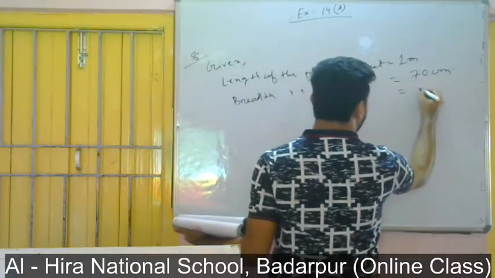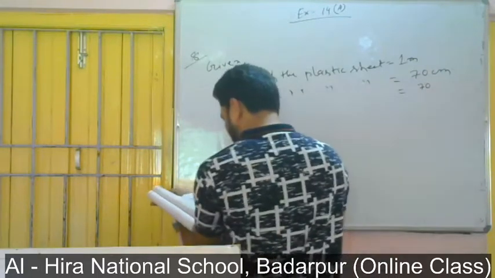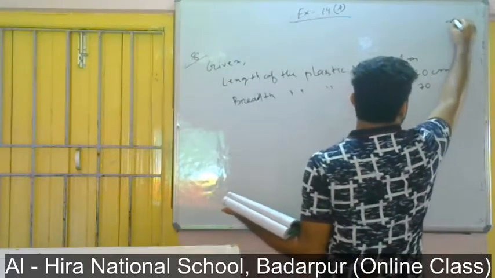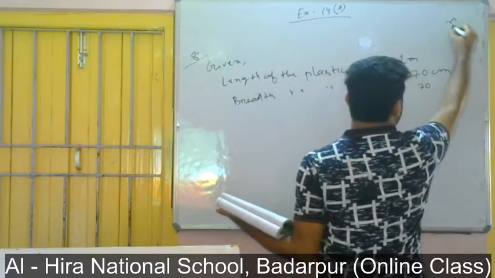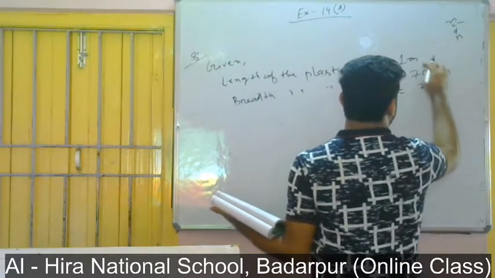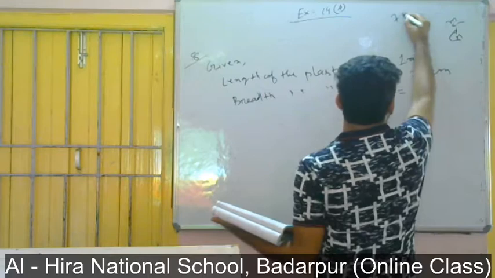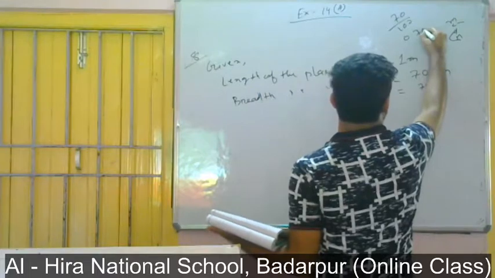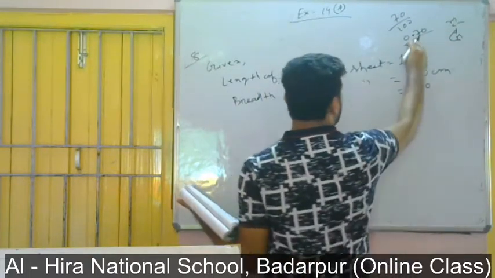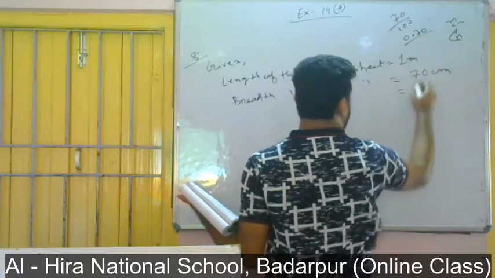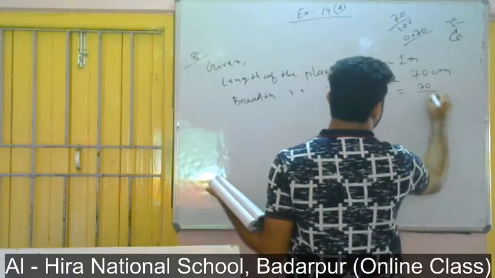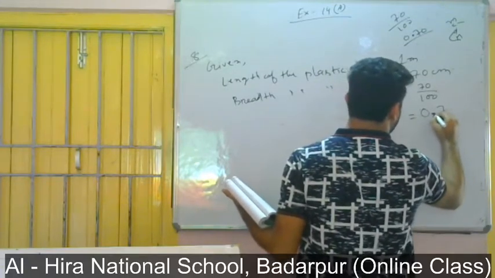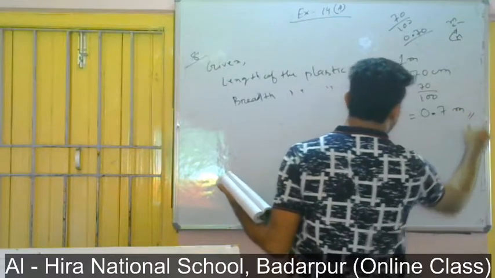To convert, we divide by 100, because you see milli, centi, deci, meter. It is in centimeter, so to convert into meter we divide by 100. The point will come here, like 0.70. In place of 0.70 I can directly write 0.7 meter.